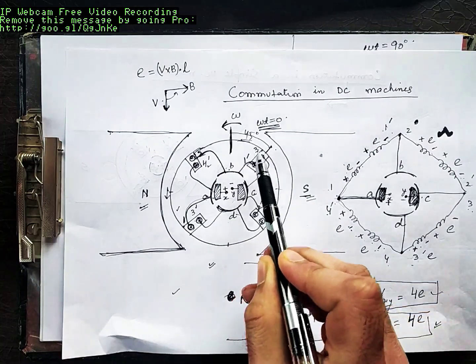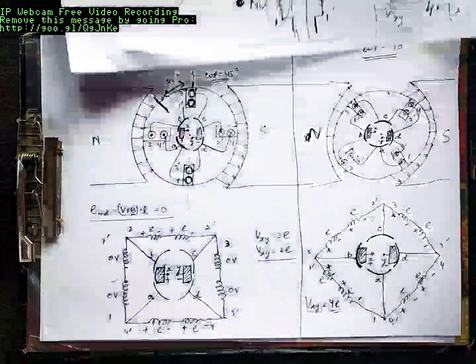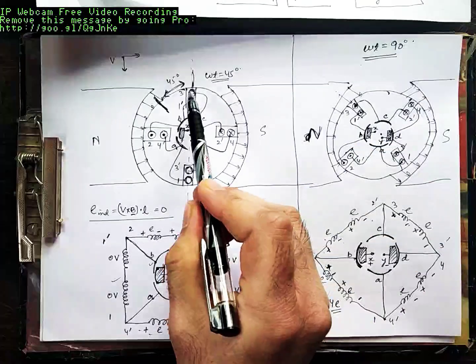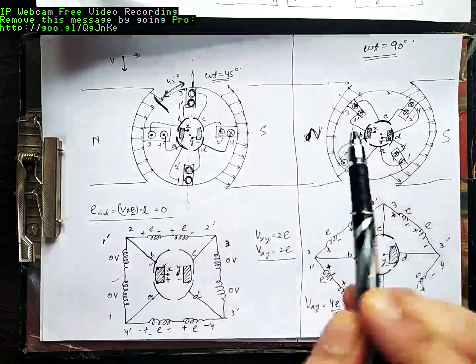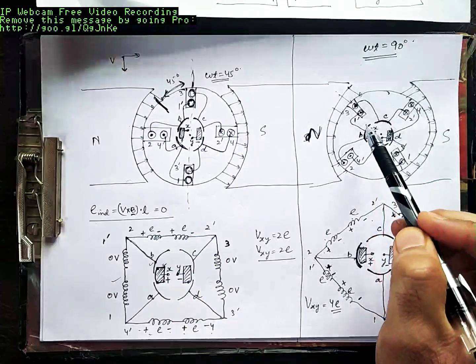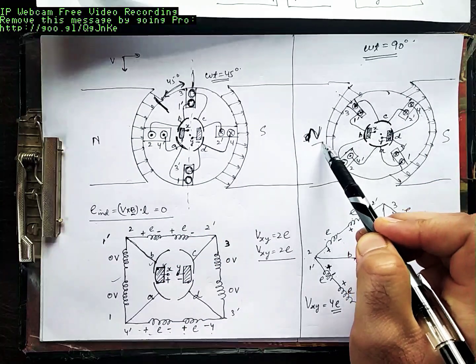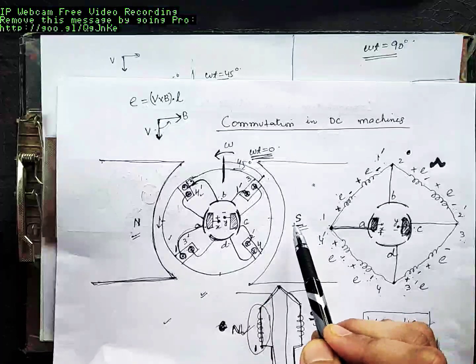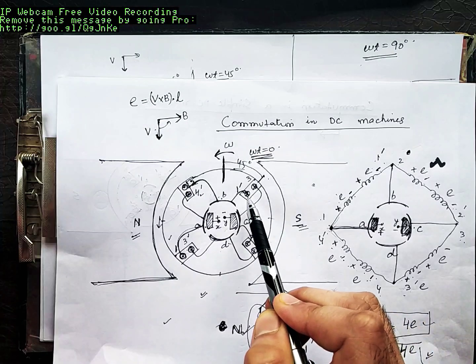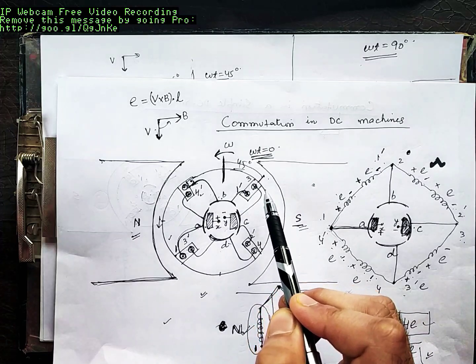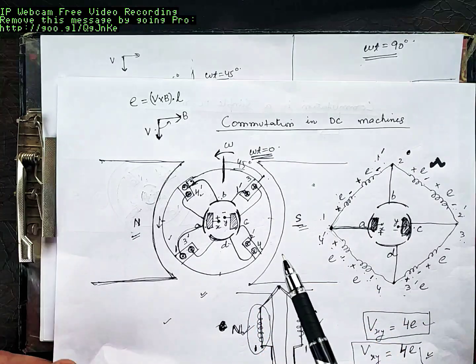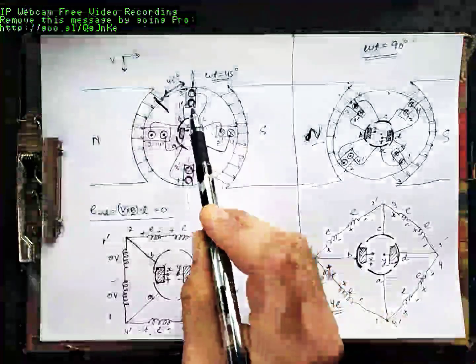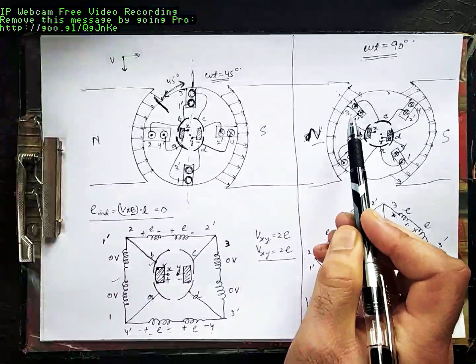Then this 1 prime and 3, they were in between the poles. Now at omega t equal to 90 degree, 1 prime and 3, they are under north pole. When 1 prime and 3 were under south pole, they had cross under it. That means voltage was positive into the plane. Then voltage became 0 here. Now voltage is positive out of the plane.